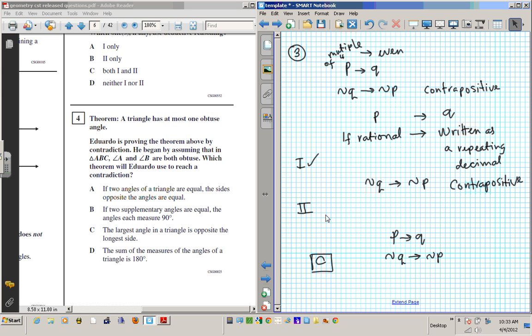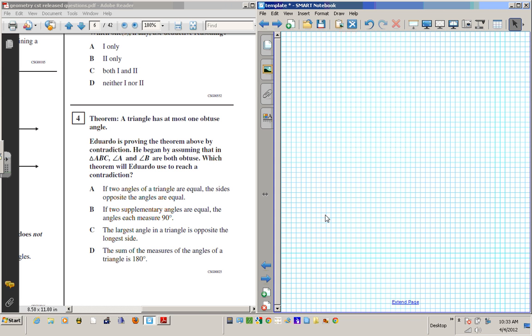For 4, it says a triangle has at most one obtuse angle. Eduardo is proving the theorem above by contradiction. He began by assuming that in triangle ABC, angles A and B are obtuse.